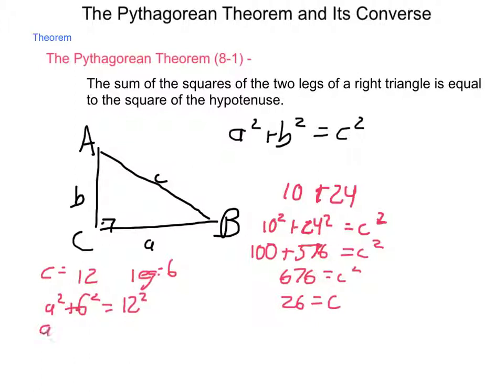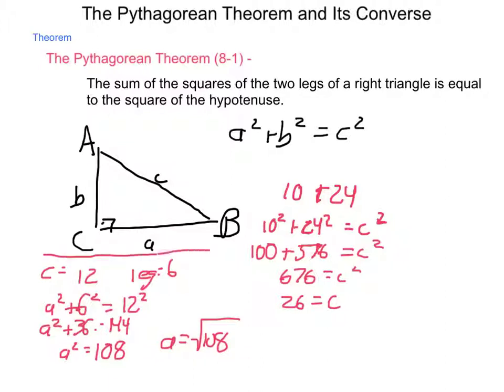Squaring this, I have a squared plus 36 is 144. Using the subtraction property of equality, I know that a squared will be equal to 108. So a equals the square root of 108. Now, wanting to simplify this a little bit more, I know that 108 is 36 times 3.